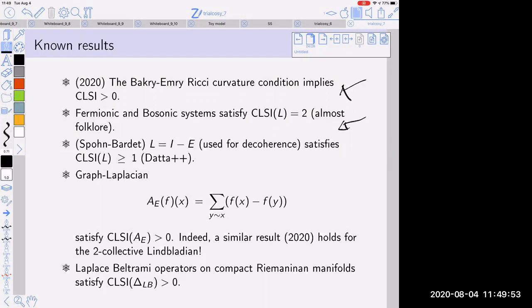Another great example are graph Laplacians. Eventually we want to prove some mixing time estimates for graph Laplacians for the ground state of a graph state. We are not there yet, but we at least understand the semigroups.